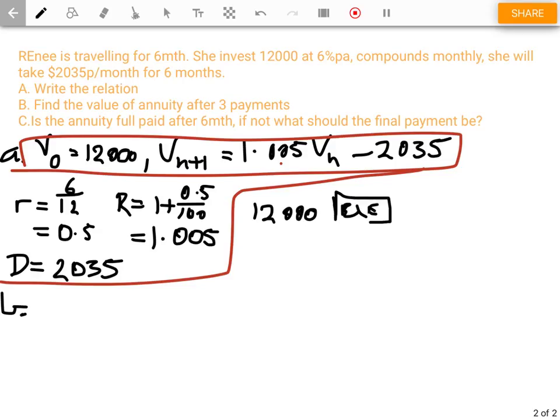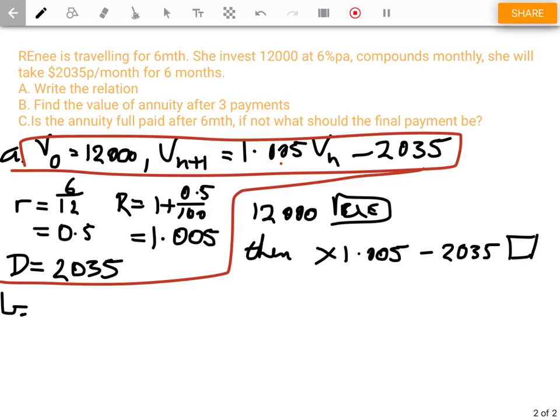Then hit times 1.005 minus 2,035, and then hit your execute key, and you want to hit that 6 times. We may as well do it for the whole 6 months.